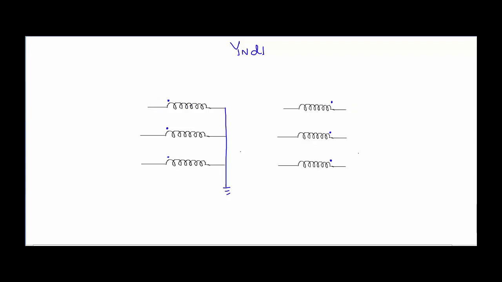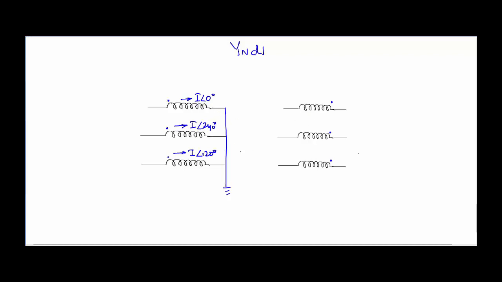Now considering the direction of flow of currents, we have I for this phase, which will be I at an angle of 0 degrees. Here it will be I at an angle of 240 degrees, and here I at an angle of 120 degrees.